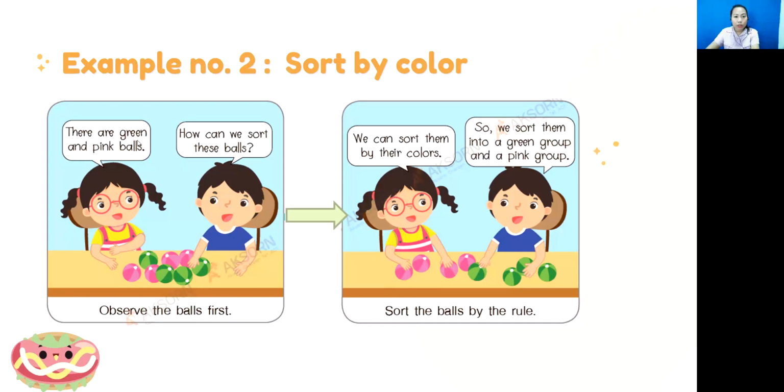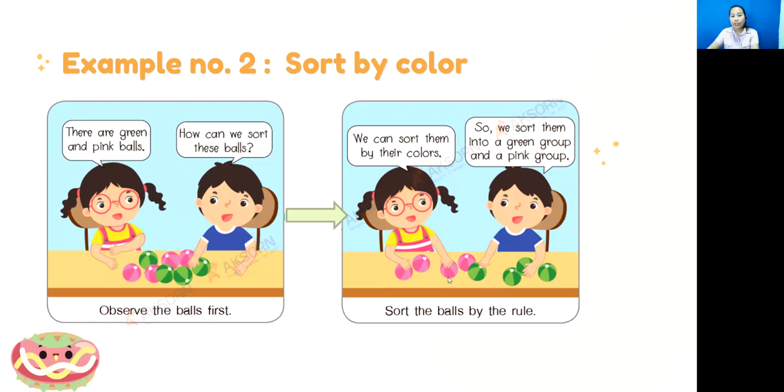Okay, so there are green and pink balls here. We can also sort them by colors. So we will observe the balls first. How can we group them or sort these balls?